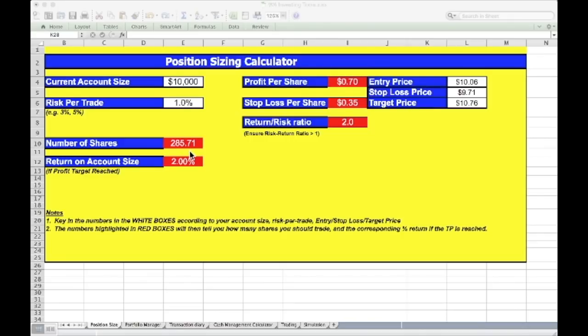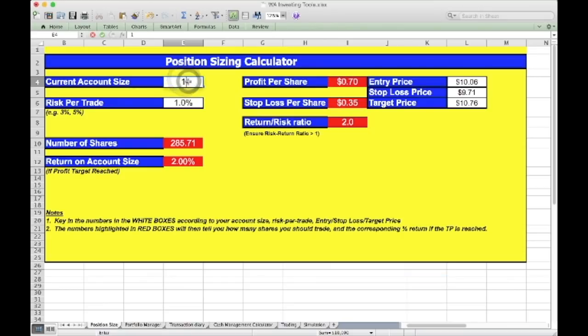Let's take a look at those recent examples. The first one was Bank of America. If you recall, our capital is $10,000, so just key that in. Our risk per trade is 1%. Again, you could always adjust it to 2% if you want to take more risk. In this case, we're using 1%.